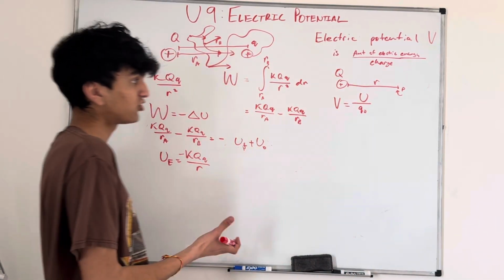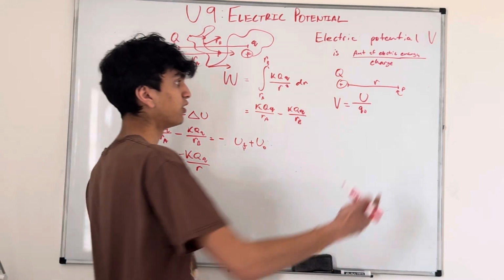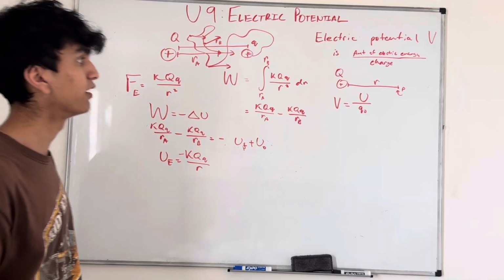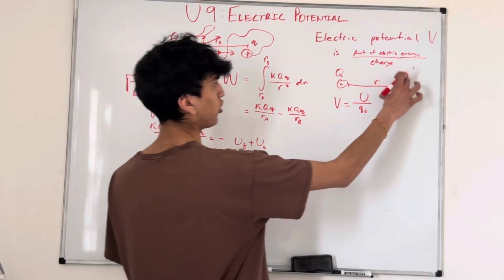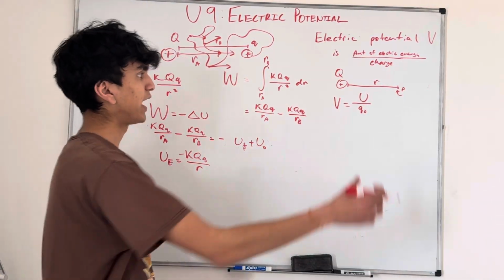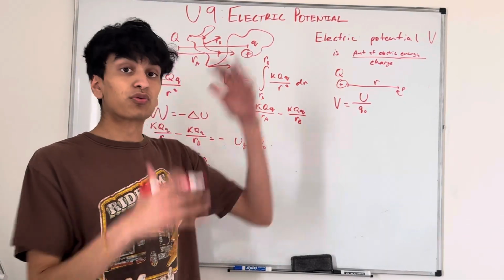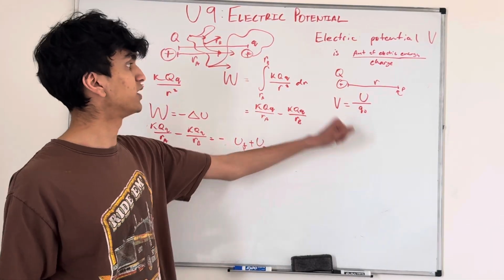I don't know what that test charge is, but it's this ratio between the electric potential energy and that test charge that I put there. If I increase whatever charge I put at point P, then the energy will also increase because it has more charge. But that ratio is really the electric potential.